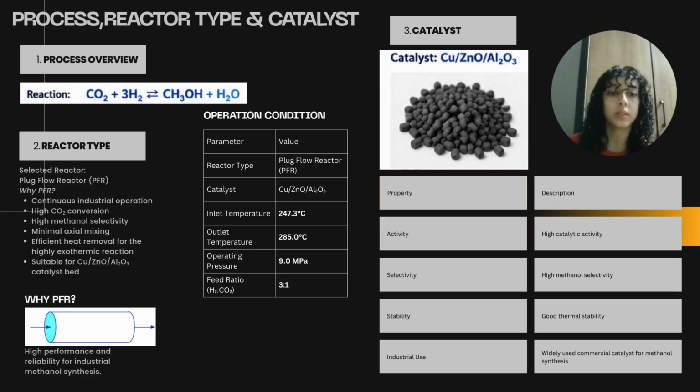These operating conditions were obtained from our process simulation and are consistent with values reported in the literature. Overall, the combination of the PFR, catalyst, and selected operating conditions provides efficient methanol production with stable reactor performance.